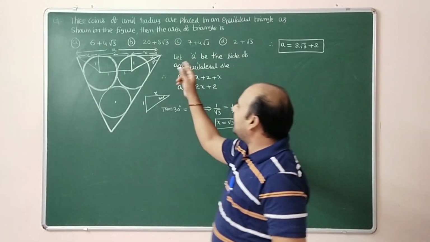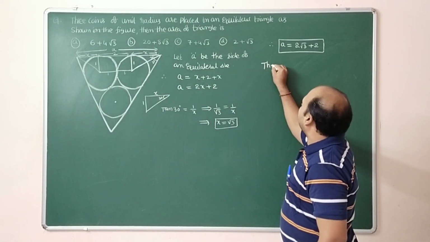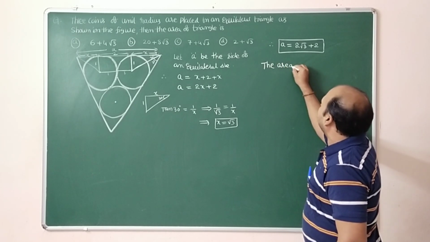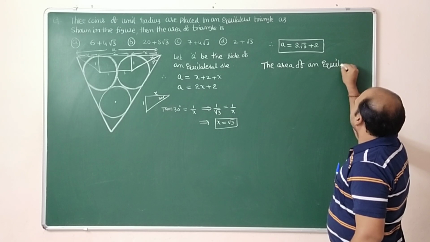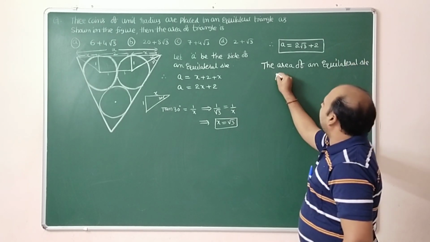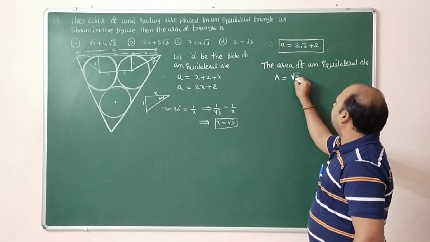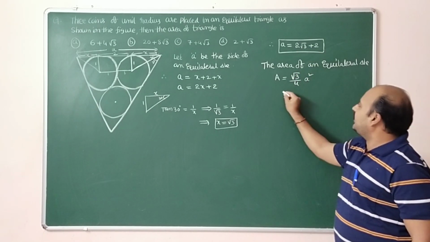They are asking to calculate the area of the equilateral triangle. We know that the area of an equilateral triangle, capital A, is equal to root 3 by 4 into A square. This is the formula. So substitute the A value there.